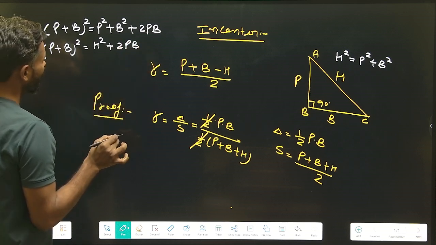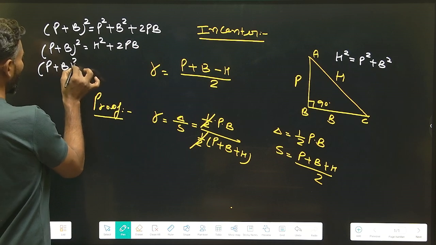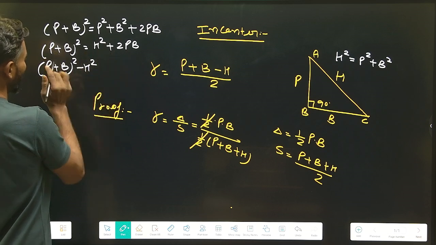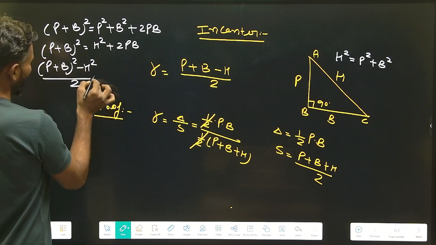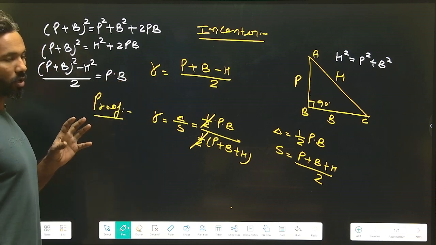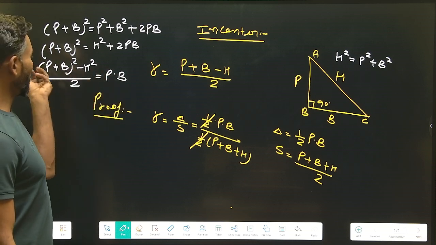Is that clear? Now we can say that p plus b whole square minus h square, since 2 is multiplying on the right, it divides on the left hand side. It will be equal to p into b. Now I'm going to replace perpendicular into base with this particular derivation.